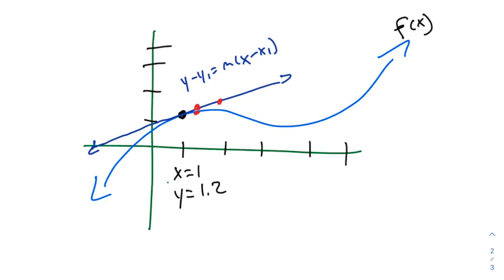But we see that with this linear approximation, once you get very far from x equals 1, this part right here in orange, our approximation can get pretty far away from the actual value of f of x.